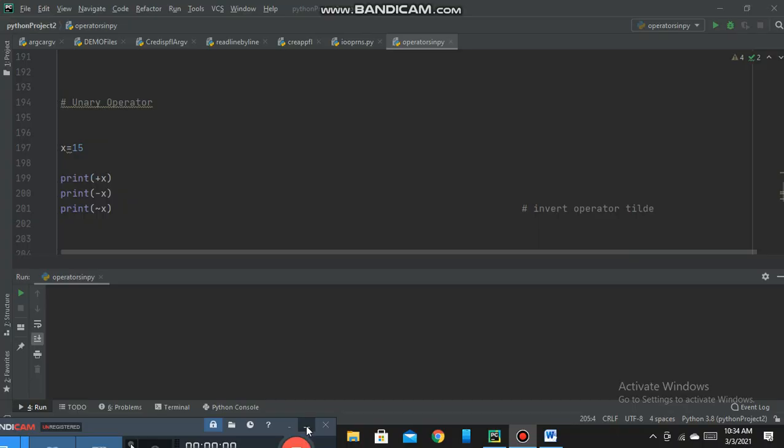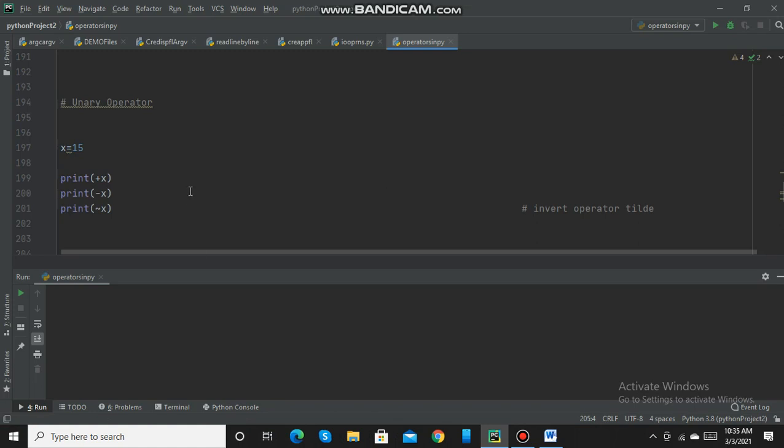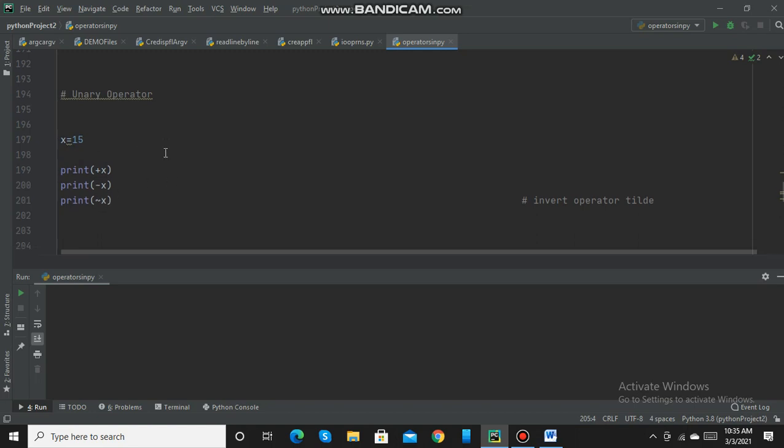Now unary operators. Unary operators are operators with only one operand. These operators are basically used to provide sign to the operand. Examples of unary operators are plus, minus, tilde, etc. The tilde is the invert operator. It is also called a negation operator.